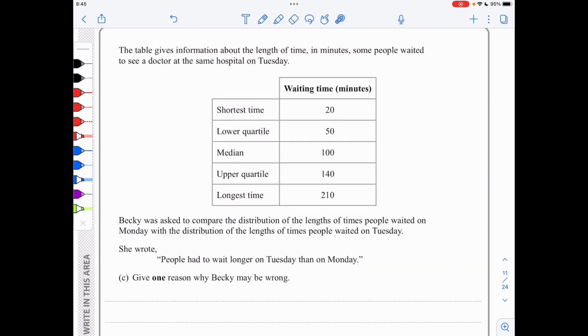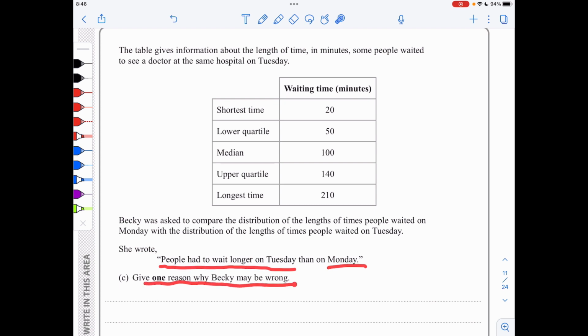We are then given the length of time people waited on Tuesday. So we've got the shortest time, the longest time, the quartiles, the median, and Becky was asked to compare the times on Monday and Tuesday, and she wrote that people had to wait longer on Tuesday than on Monday. We will need to give one reason why Becky may be wrong.